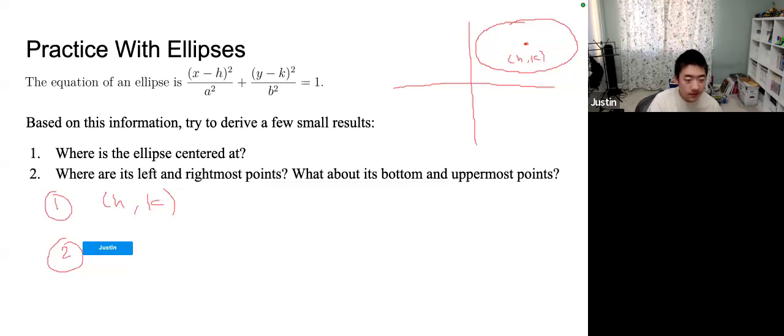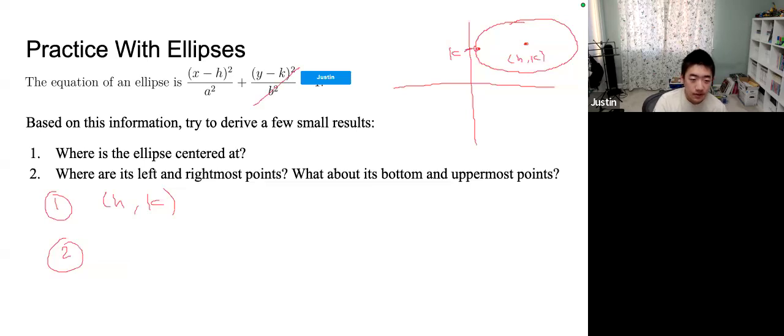Okay, so let's start with the left and rightmost points. The leftmost point of the ellipse is still going to have a y coordinate of k. So if we plug that in, when y is k, this term disappears.